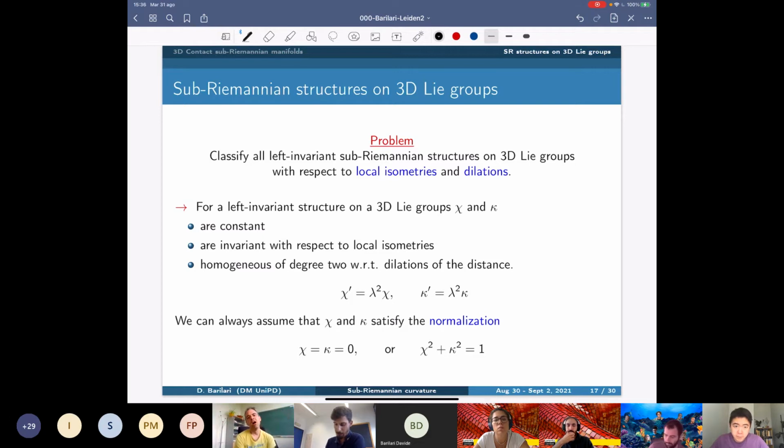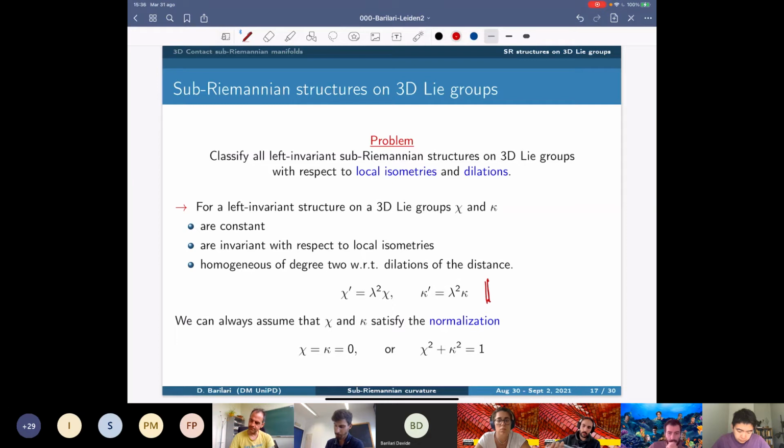These invariants are constant and invariant in the sense that they are invariant with respect to local isometries. This is what comes for free, more or less, from what we have already said. Another interesting feature is that they are homogeneous of degree 2 with respect to dilation of the distance, so we have a property of this kind when we multiply by lambda all distances in the manifold.